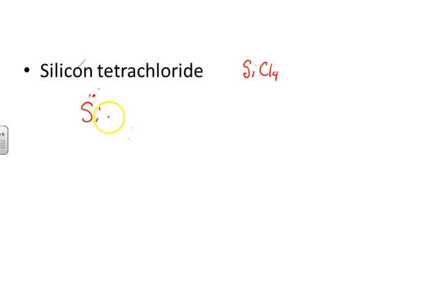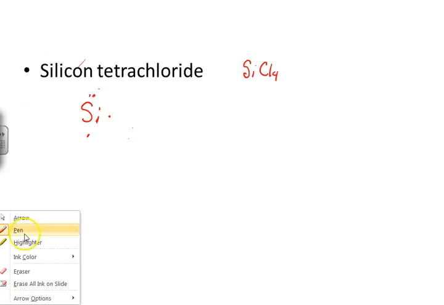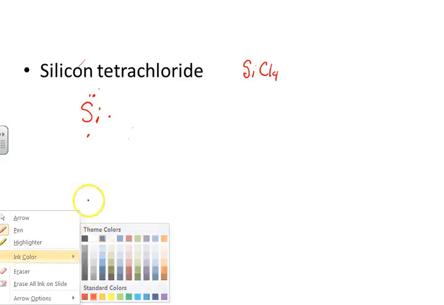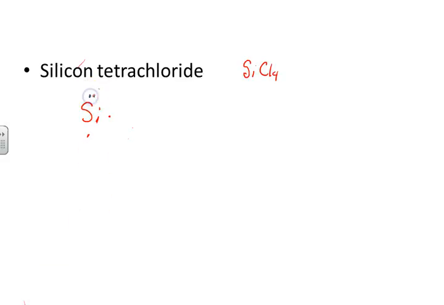Si is going to have 4 dots. I'm going to do these dots in a different color because I don't want my dot on my Si to look like an electron.